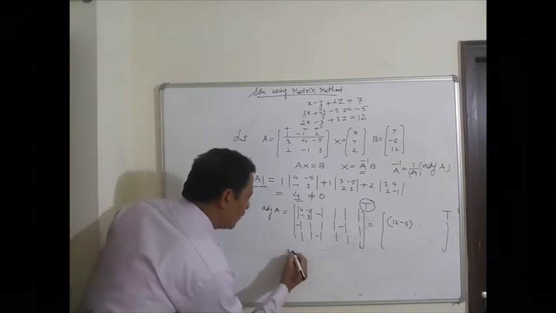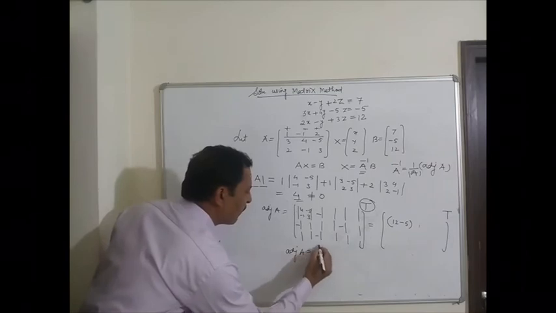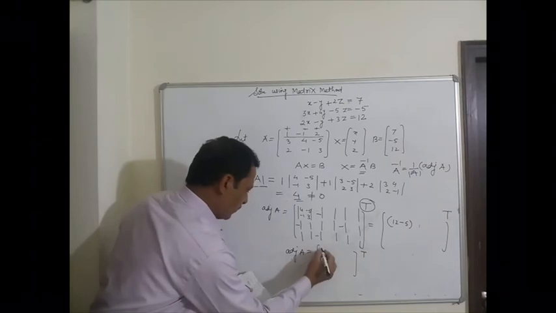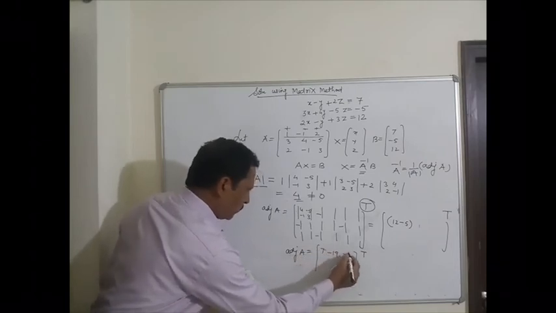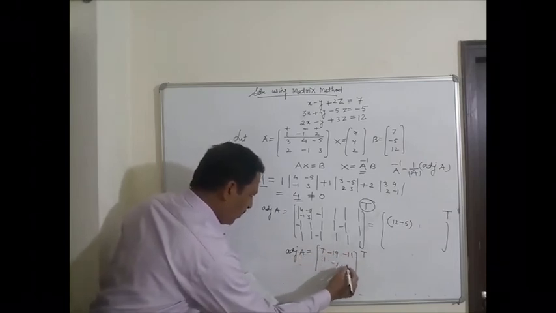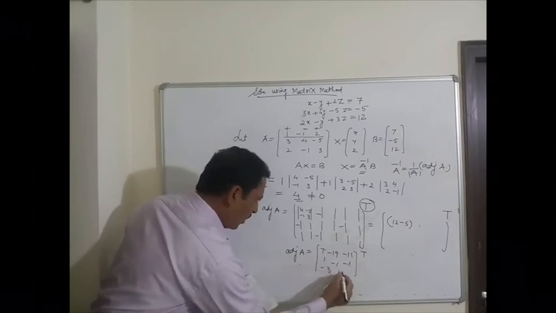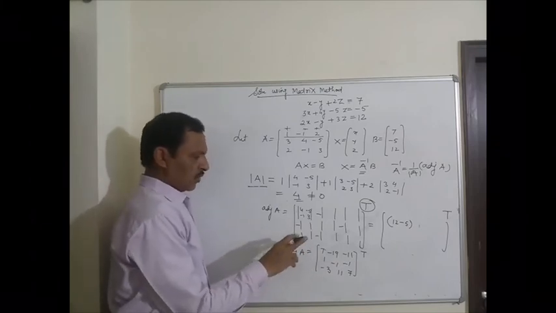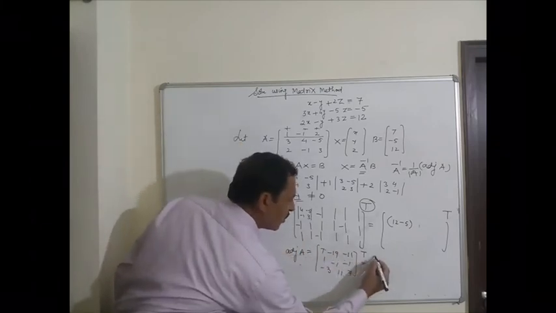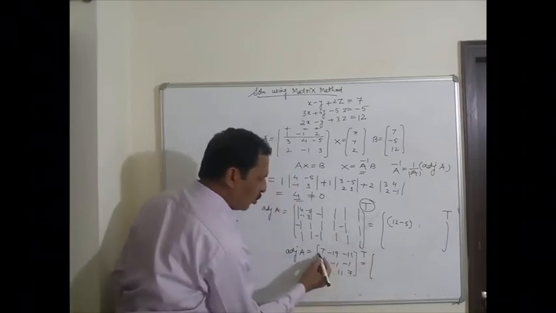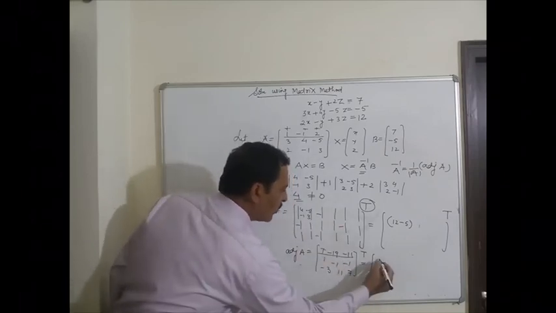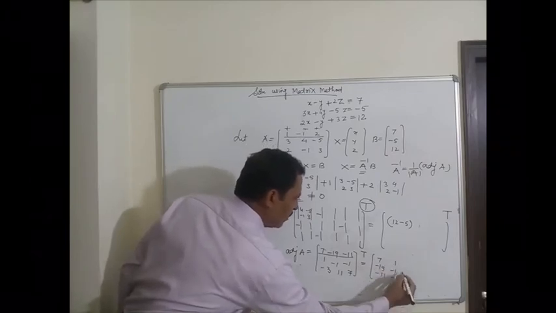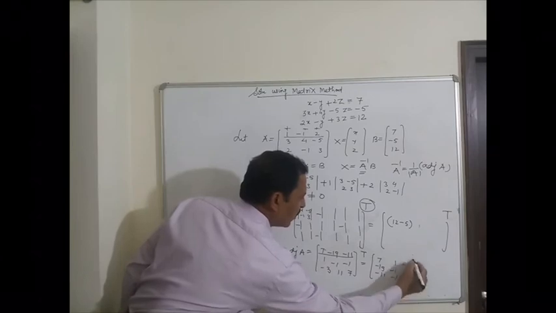So the adjoint of A is coming as, the transpose sign is here, it is 7, -1, -1... I have not yet taken the transpose of it. I'll take the transpose of it. The transpose comes out to be, the rows are to be written in the form of columns: 7, 1, -3, -19, -1, 11, -11, -1 and 7.